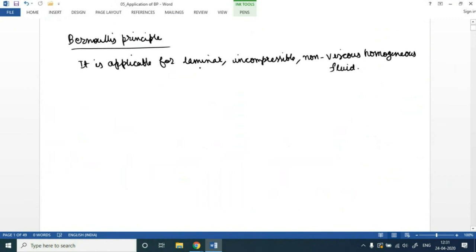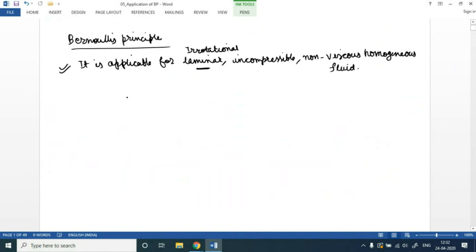And the flow must be laminar, or also you can say irrotational. So these are the criteria under which we will be applying Bernoulli's principle.